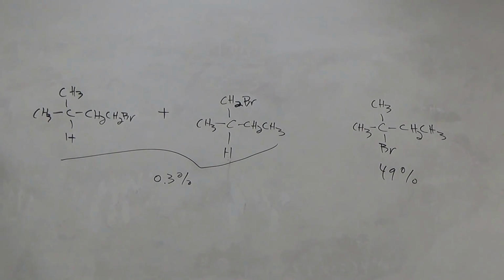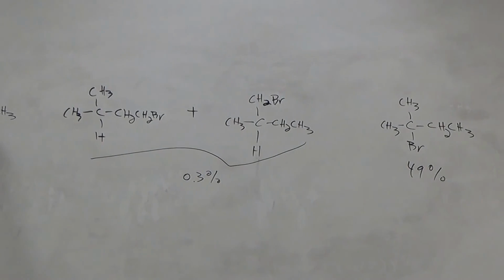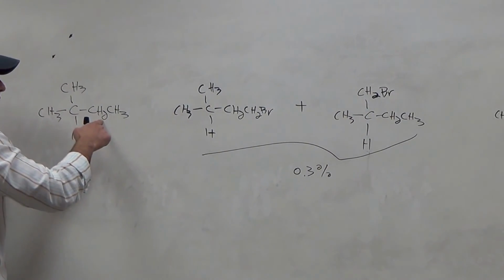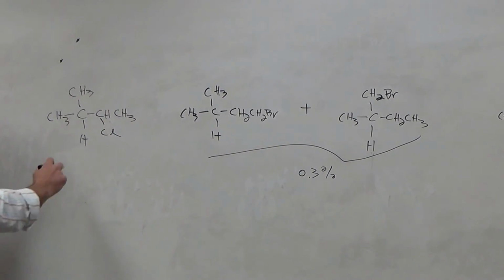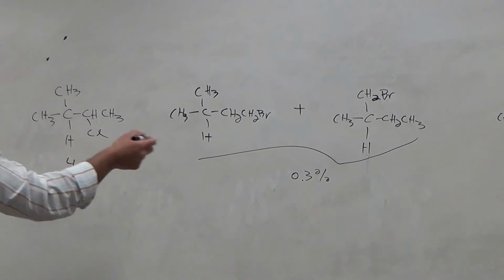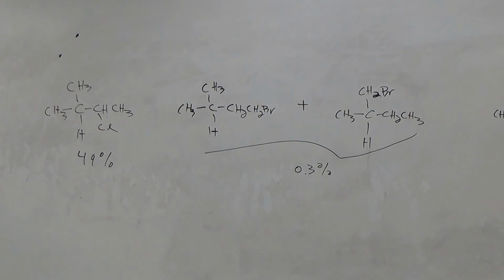And which one is the other one? The other one is a secondary. Here's tertiary, here's secondary. You take one out and put a bromine there. How much is this one? 49 plus 49 plus 0.3 gives you 100%, right? Close? Yeah.